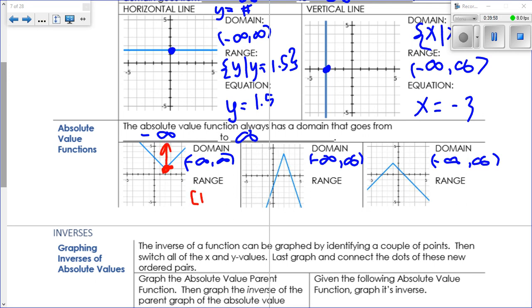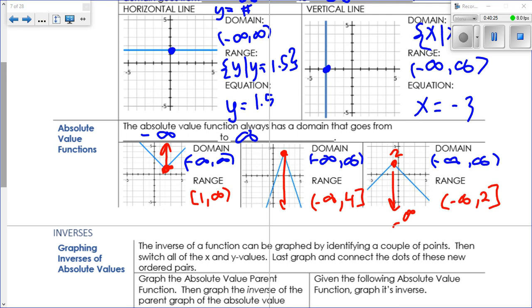So it starts at 1, put a hard bracket, goes up to positive infinity. Here it starts at 4 and goes down to negative infinity. So 4 goes last, I want the smaller part first: negative infinity up to 4, hard bracket. And here it starts at 2, goes down to negative infinity, so negative infinity to 2, hard bracket.